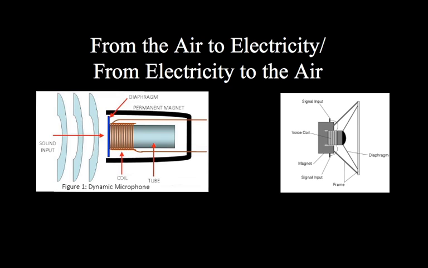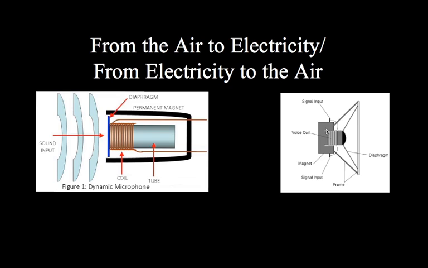On the other end, on the right side, we see the same basic design, only in reverse, right? So instead of the diaphragm sending information out, we have information coming into the magnet of the speaker.